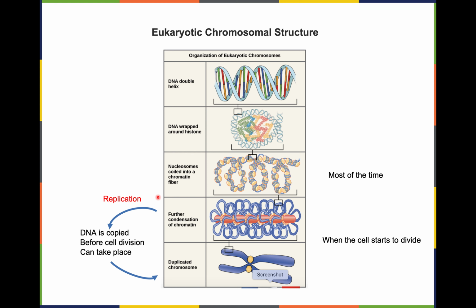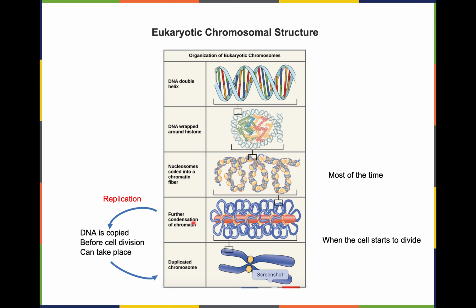Another thing that happens is that the chromosomes are condensed. Imagine that you have a yarn that is all the way open, but then you start wrapping that yarn and making it condensed. That's what the cell does, because it's really difficult to manage all these strings of DNA and try to evenly separate them between two dividing cells.